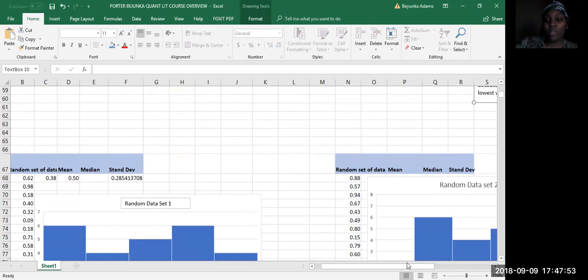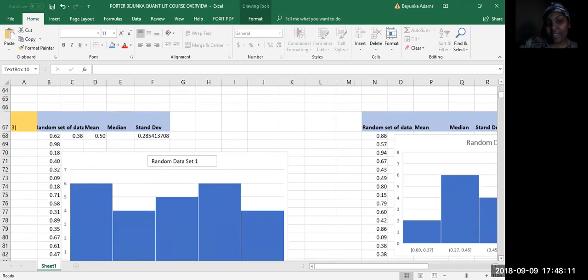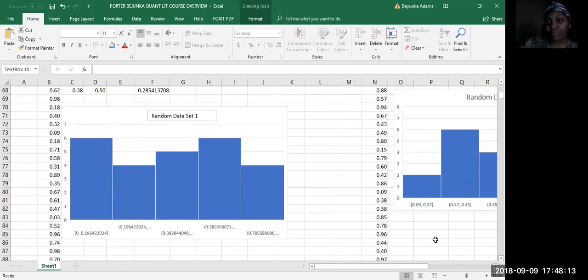All right, so for number 3, we had a random set of data, and we were building histograms and discussing relationships between mean, median, and mode. And also we had this on our homework.